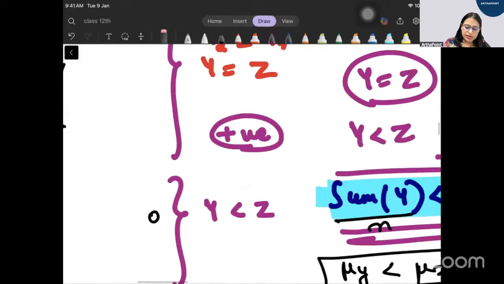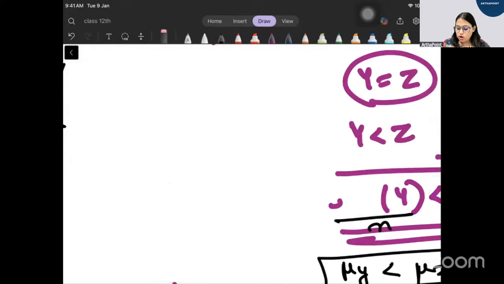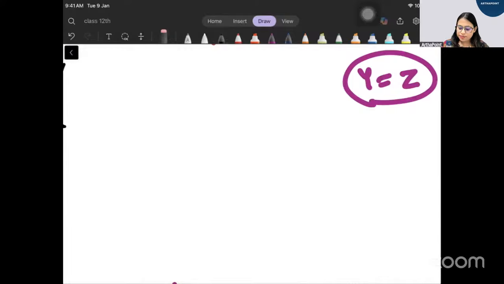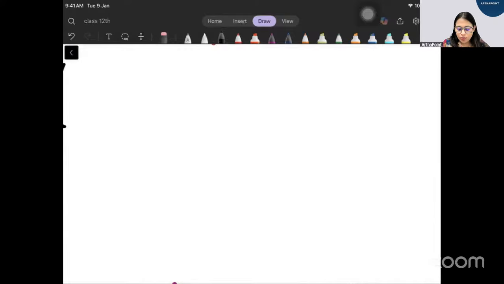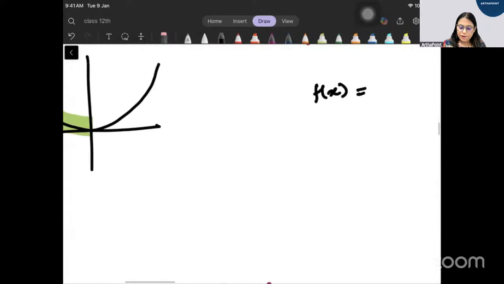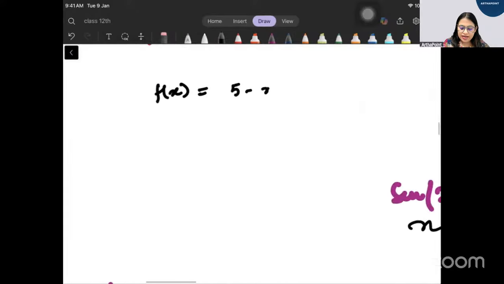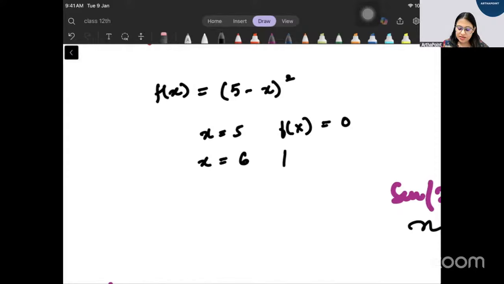From here we will learn a very important thing, which is called shifting of the graphs. So if I have to plot f(x) is equal to (5 minus x) whole square, you will notice that when x is 5, f(x) becomes 0. When x is 6, f(x) will be (minus 1) whole square, that means 1.